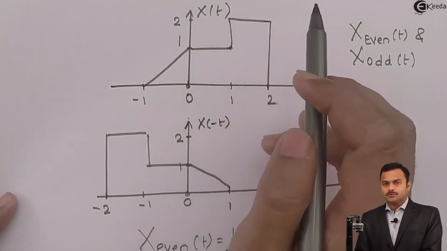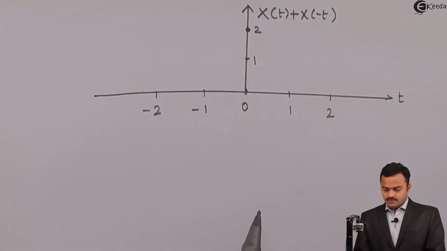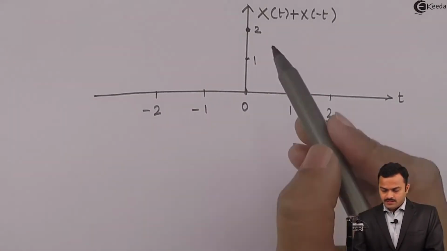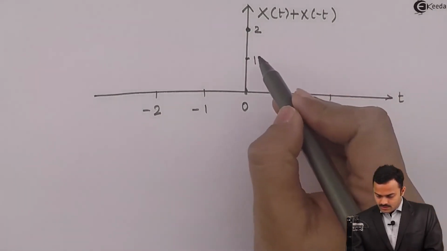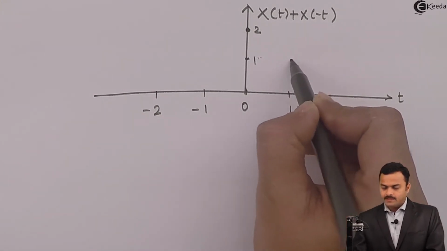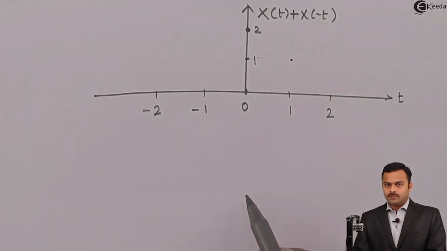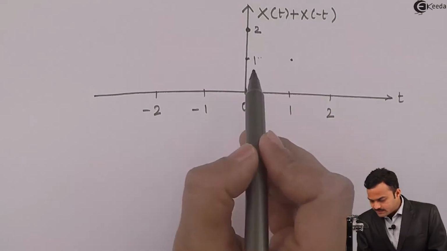and then immediately it should go to a value equal to 2. So see how I am going to draw this. From here there should be a slope of minus 1, and we should get a value equal to 1, and immediately it should go to a value equal to 2. So we will get a characteristic like this.